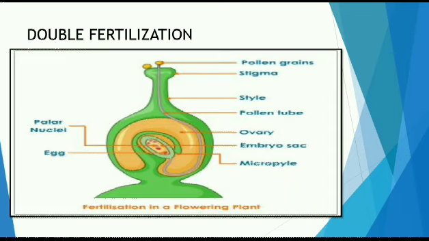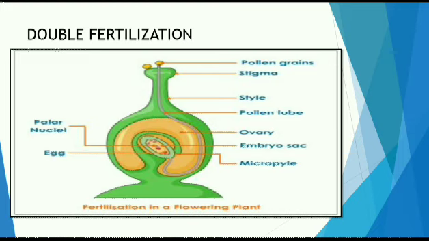The pollen grain has two male gametes. One male gamete fuses with the egg cell and the second one fuses with the polar nuclei. So there are two fertilizations, which is why it is called double fertilization: one male gamete fuses with the egg cell and the second fuses with the polar nuclei.